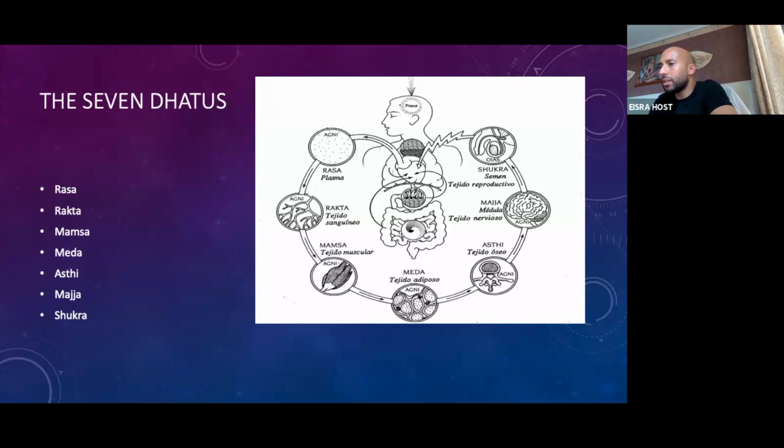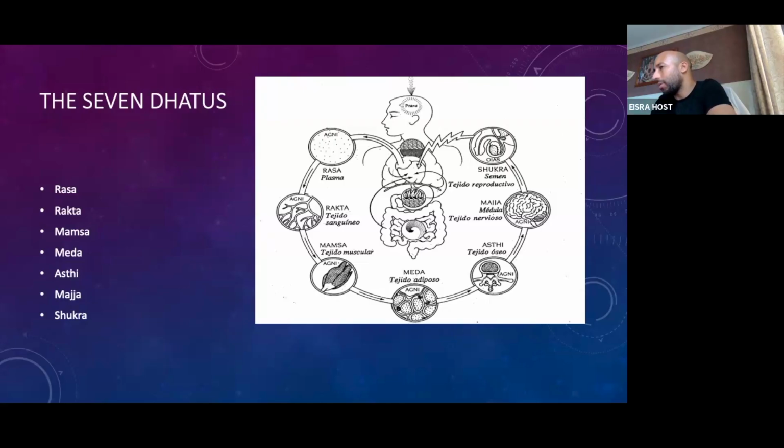If rasa dhatu is not formed properly, the rest of the bodily tissues will become abnormal. If you have any issue with rasa dhatu, it will lead to a suboptimal formation of rakta, mamsa, meda, asti, maja, and shukra.